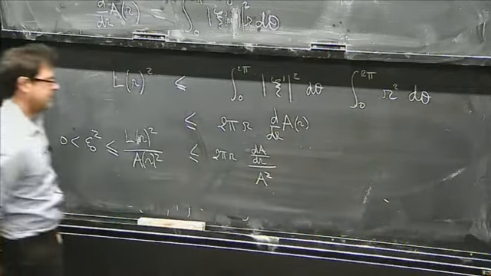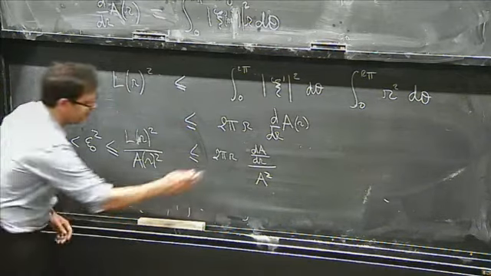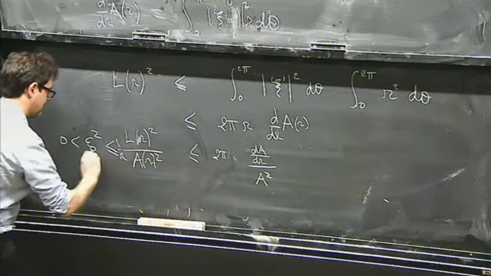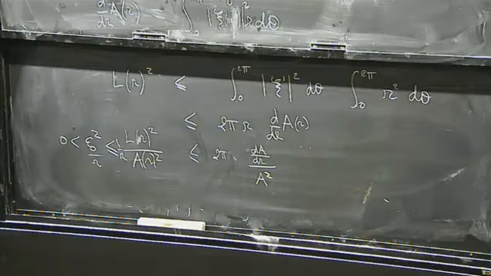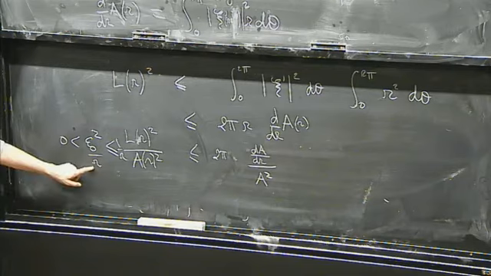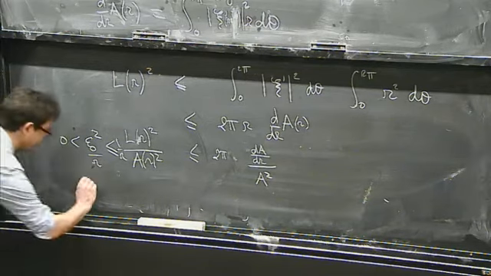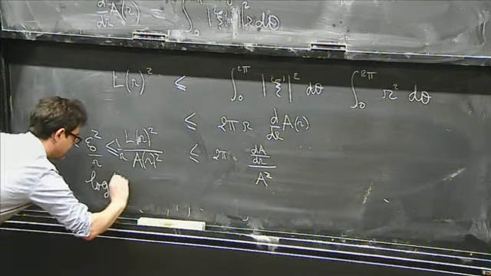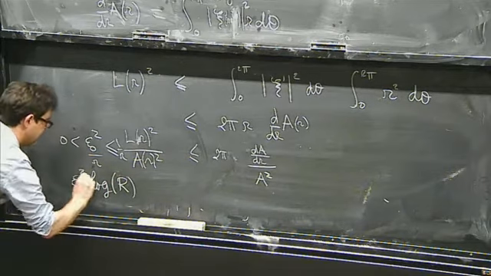Okay. So now you divide by R, and you integrate between, let's say, 1 and capital R. Okay, you get something like log of R, which is not bounded.